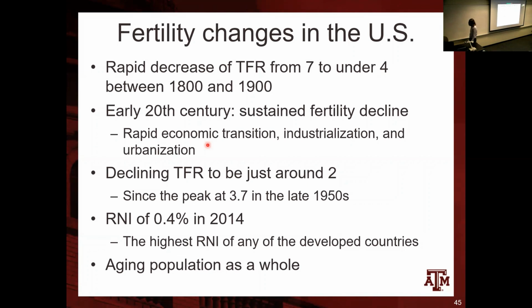The rate of natural increase in the US is still positive, so the population size is still increasing, 0.4% per year. It's the highest among the developed countries. It's still because you have a big cohort of women in younger ages, which are more likely to have children.